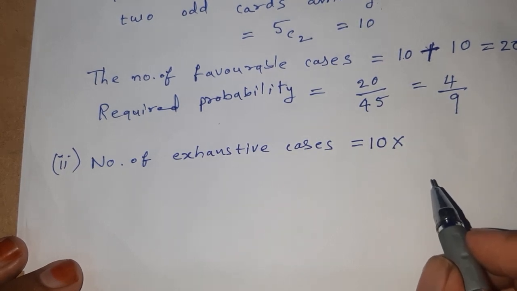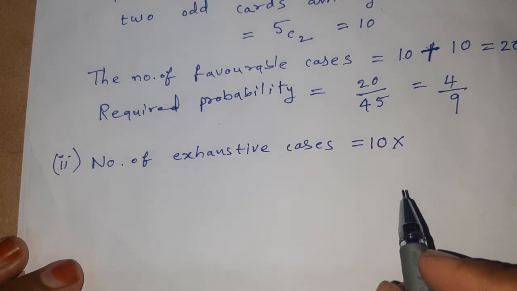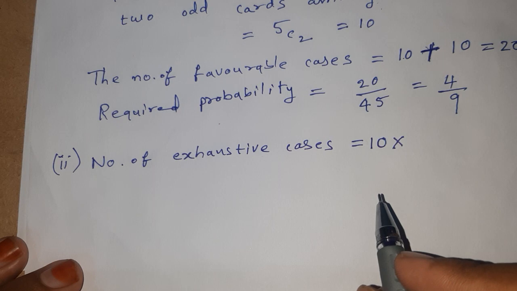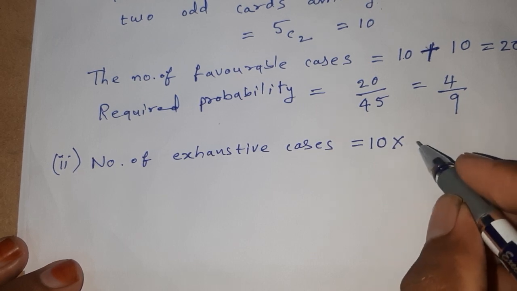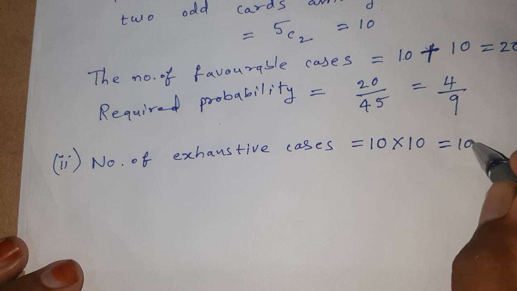That means you have to put the chord in the same place. Now we will select another chord, the second chord. Since there are 10 chords, once again 10 possible ways are there to select that chord. 10 into 10, 100.